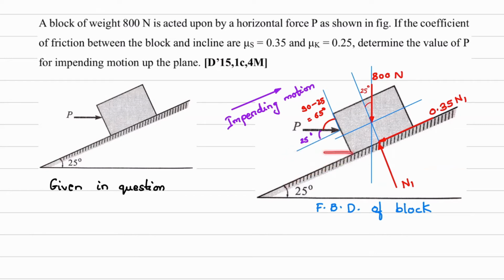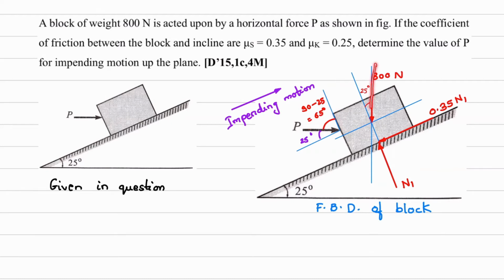So if the angle over here is 25 degree, then this angle will be 25 degree, meaning the angle of horizontal with incline is 25. Same thing here, the angle of P, which is horizontal, with incline is 25 degree. And if you consider this angle is 90, so 90 minus 25, this angle will be 65.